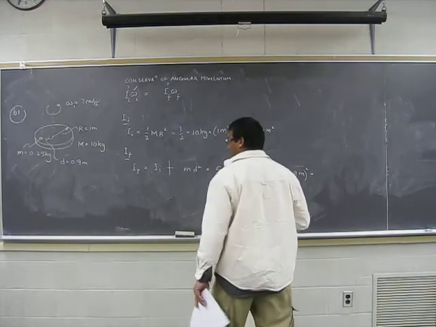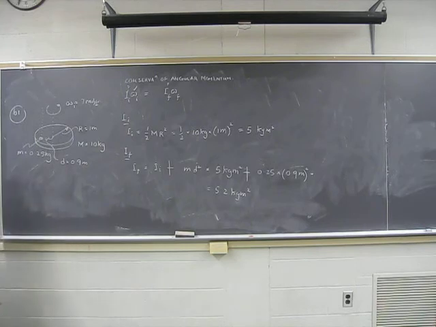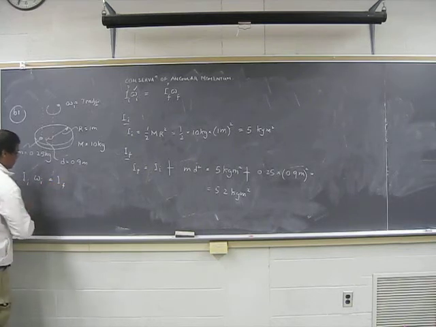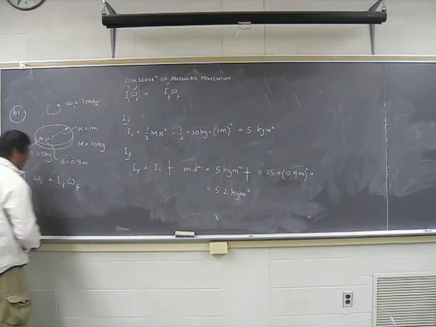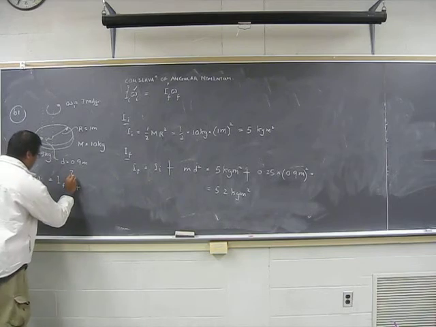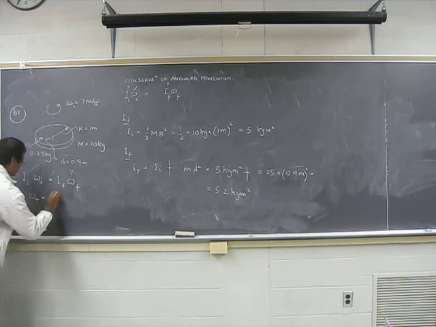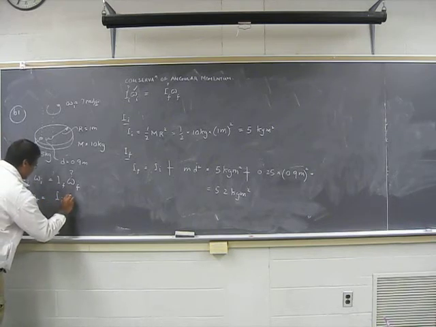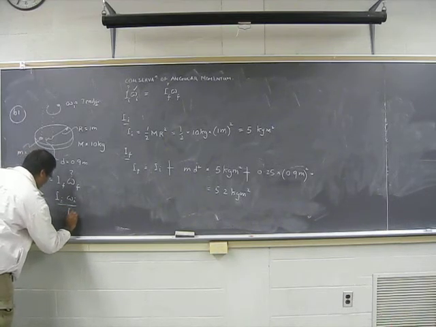So that's good. Now what? Now we have to apply this formula. Let's write the formula right here. I_i omega_i equals I_f omega_f, moment of inertia final times angular velocity final. The only thing we don't know is omega_f, so isolate this. I have I_i omega_i divided by I_f.